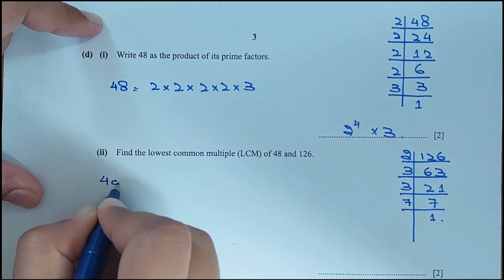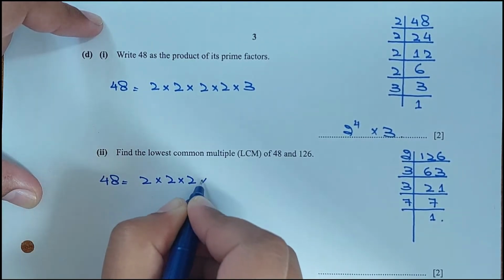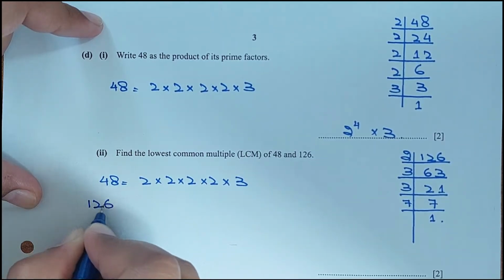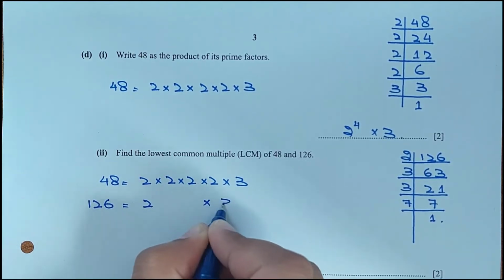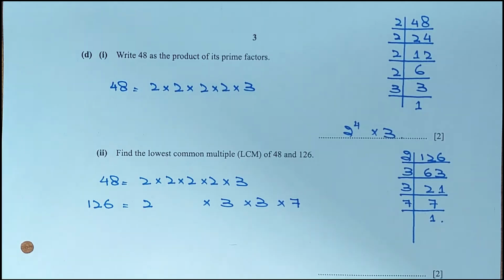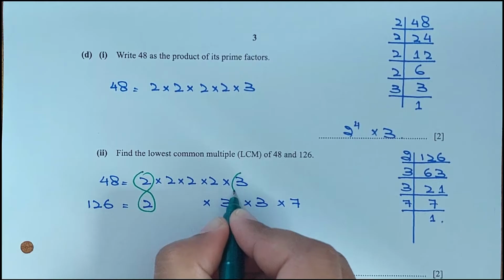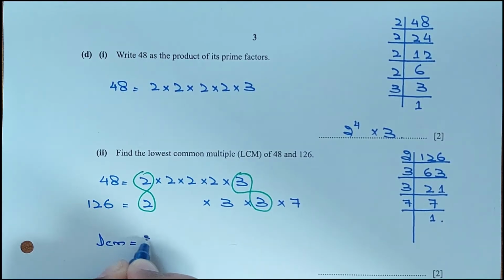So the prime factorization of 48 is 2 times 2 times 2 times 2 times 3, and of 126 is 2 times 3 times 3 times 7, right? Pick the common ones: this 2 is common, and this 3 is common. For the LCM, write down the common numbers, 2 and 3.